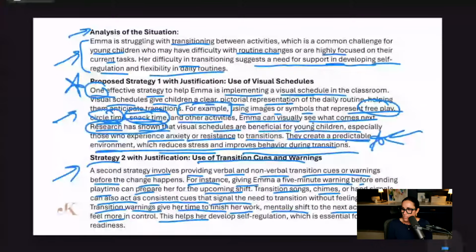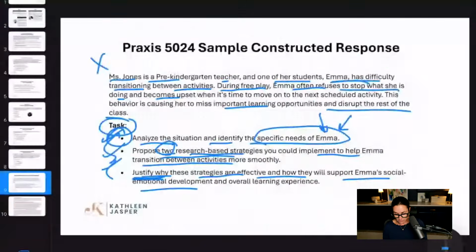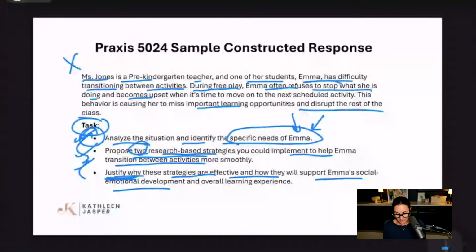If she's just finishing something up and you're like, all right, everybody, let's go, we're changing. And most of you don't do that, but this is a way to show transition and warnings and countdown clocks or whatever you decide. This is going to help with self-regulation. Did I meet all of these bullets? Yes, I did. Check, check, check.